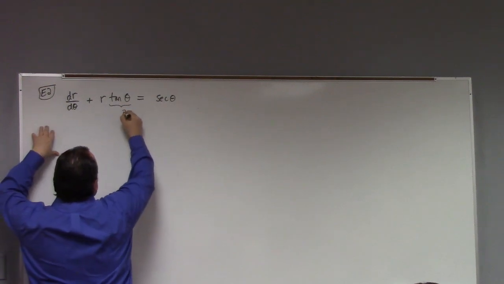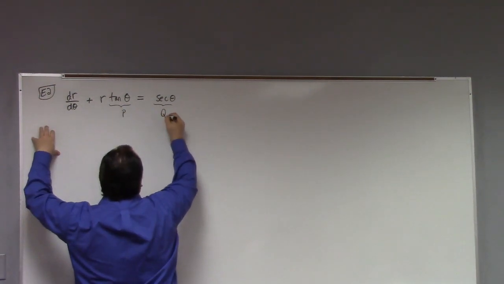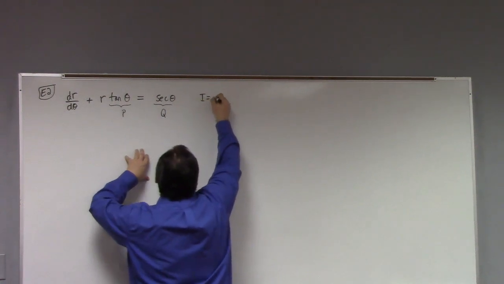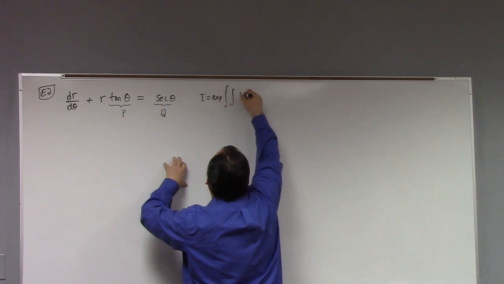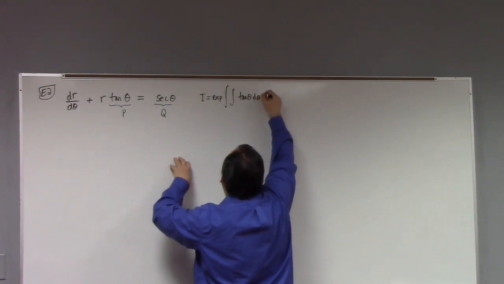This is my p, this is my q, and so my integrating factor should be the exponential of the integral of tangent theta d theta.